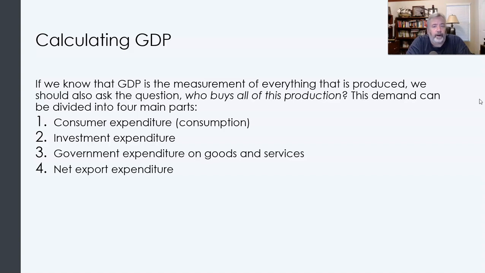All right, so there's consumer spending. There's business spending. We call business spending investment. Now, that is not buying stocks and bonds. That's not venture capitalism. When we talk about investments in the context of our introductory macro class, we are talking about business spending, primarily spending on resources: land, labor, capital, right?